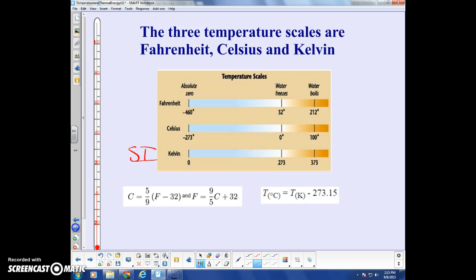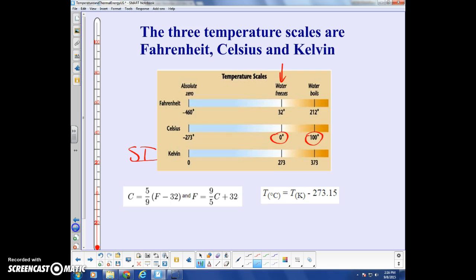Now, I want you to take a look at this chart, and you can see some really important numbers here, things that happen regularly for us here on Earth. An important temperature is when water freezes. We're used to 32 degrees here in the United States, but in the Celsius scale, it's 0 degrees. Same thing with water boiling. We're used to 212 degrees, but in Celsius, it's 100 degrees.